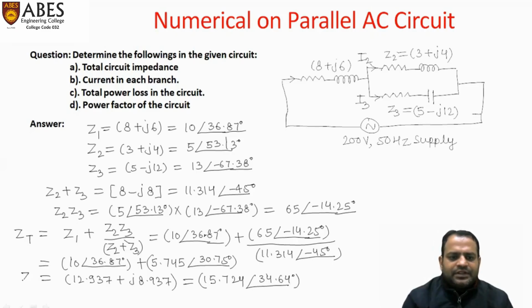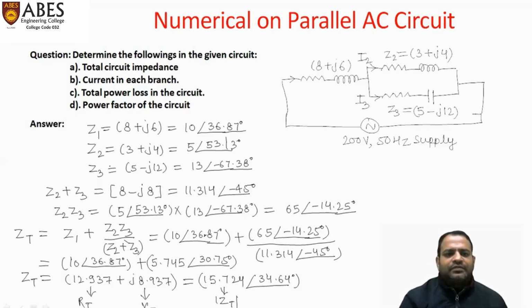So this is our Z total. This is mod of ZT. This is RT, resistance of total equivalent circuit, and this is XT. So this is our part A, in which we calculated the total circuit impedance.